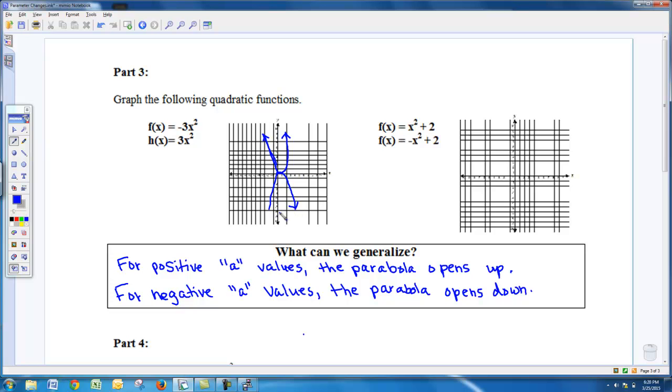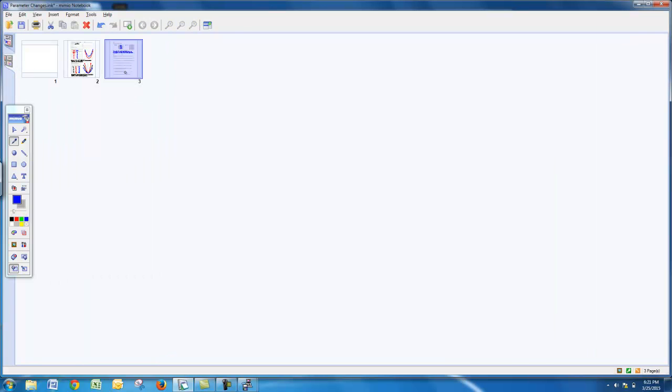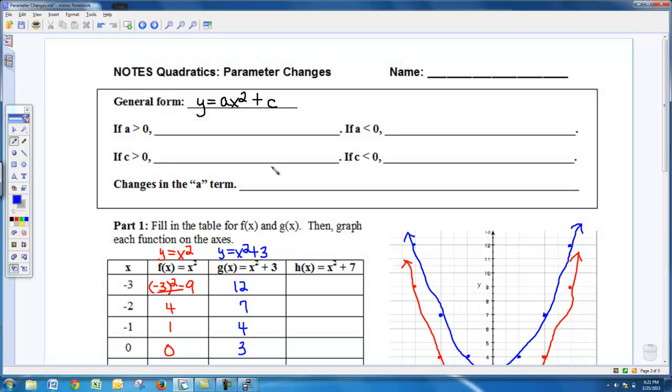Okay. What I'm wanting to show you here is that changing the value of A from positive to negative does not change the width of the graph. It does not stretch it, it does not compress it. It simply switches it from opening up to opening down. So the negative sign has nothing to do with how wide the graph is. What determines how wide the graph is?